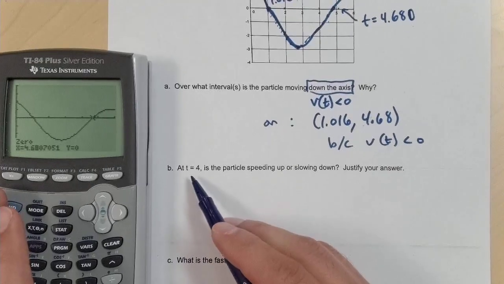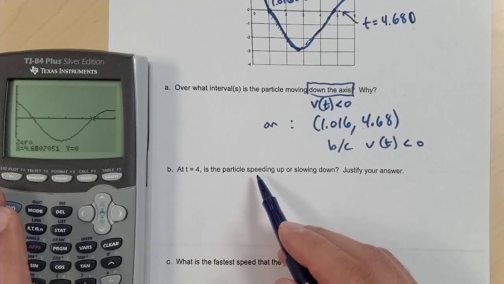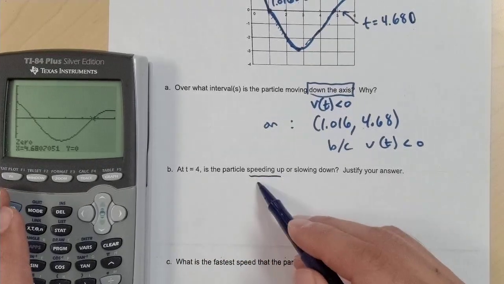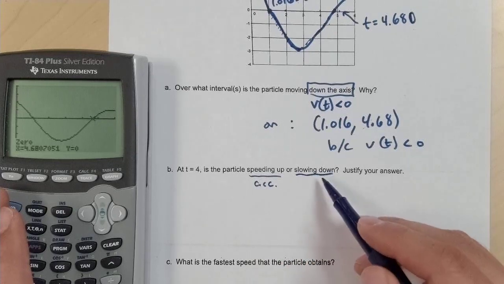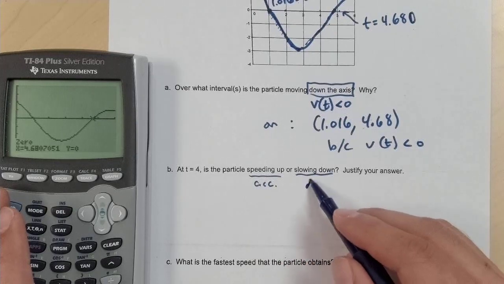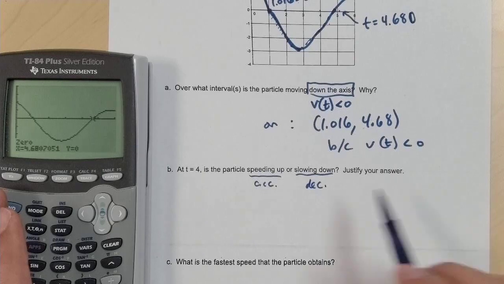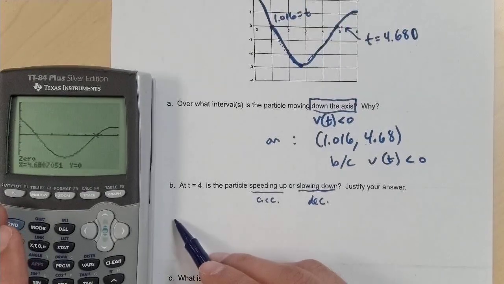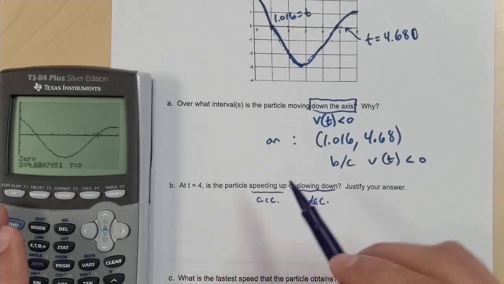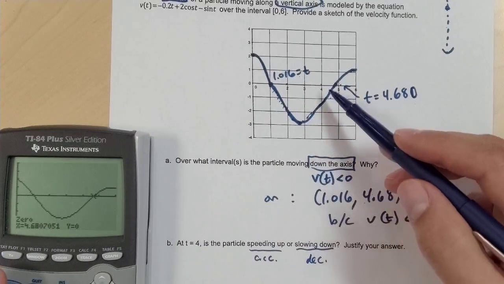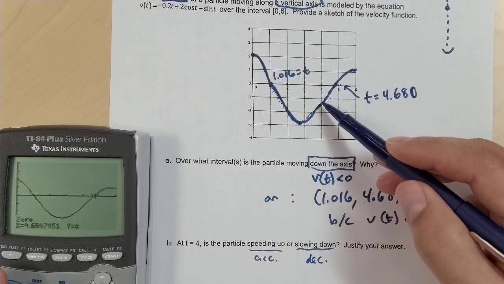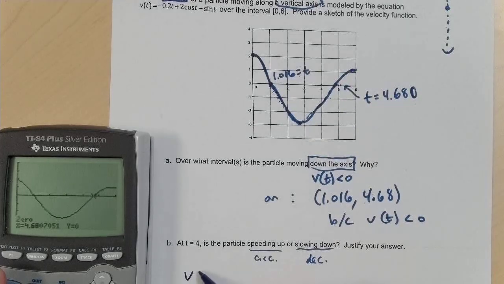All right, next question. At t equals 4, is the particle speeding up or slowing down? Speeding up means accelerating. Slowing down means decelerating. So let's take a look. At 4, it looks like the velocity is below 0. So velocity at 4 is less than 0.